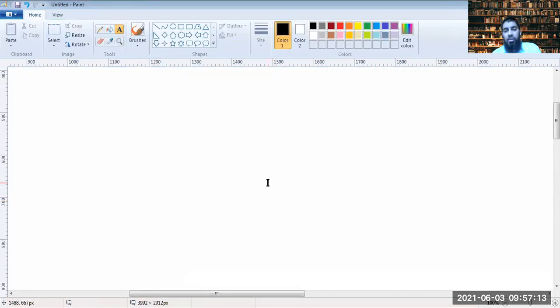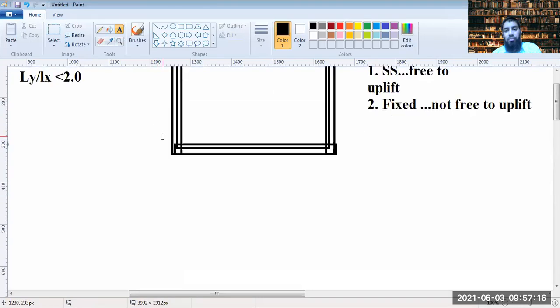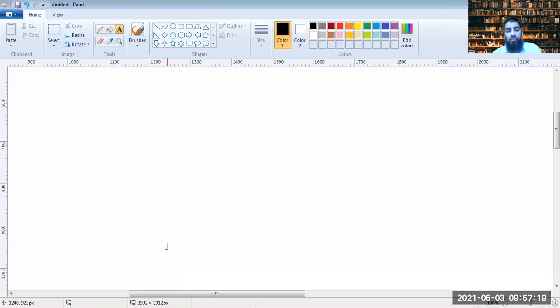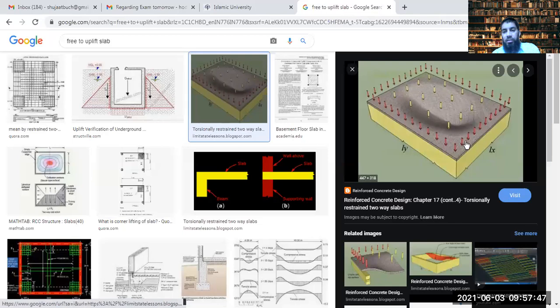What happens in conditions when you have more fixity of the supports is that, if I can show you, now this is a slab, this one, it's a two-way slab.